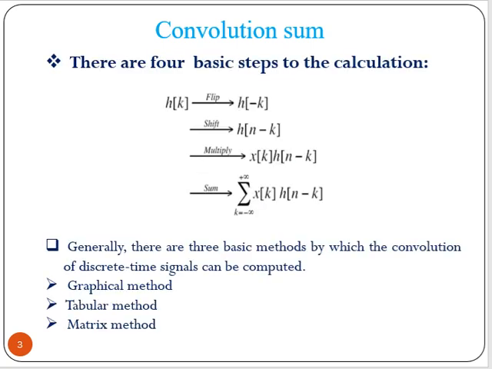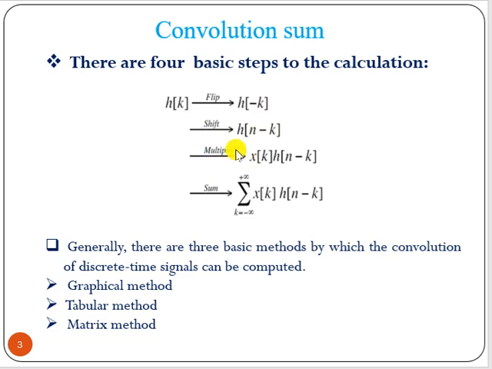Now what are the basic steps in this formula of convolution sum? First we must have the x of k and h of k terms. Then we have to do the flip operation, or folding, or time reversal operation, to get h of minus k from h of k. Then we perform the shifting operation, depending on the value of n, to get h of n minus k.